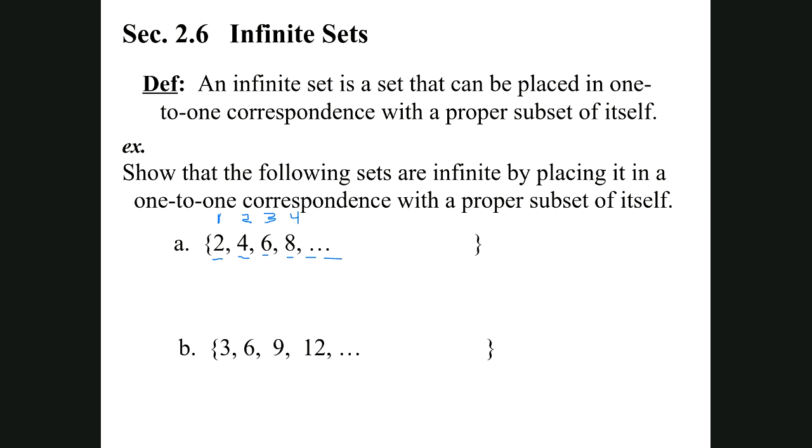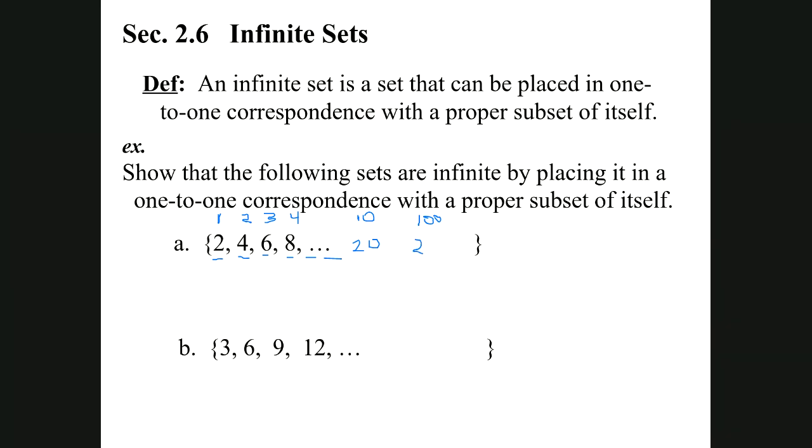We say, well, do we know what the 10th term is? The 10th term is going to be 20, because notice we keep adding 2. First term is 2, second term is 4, third term is 6, fourth term is 8, 10th term is 20. Here, what would the 100th term be? That would be 200.